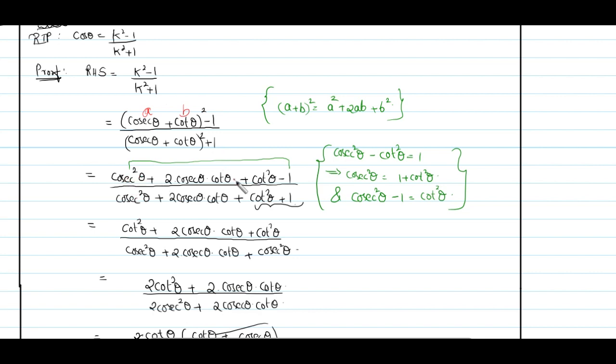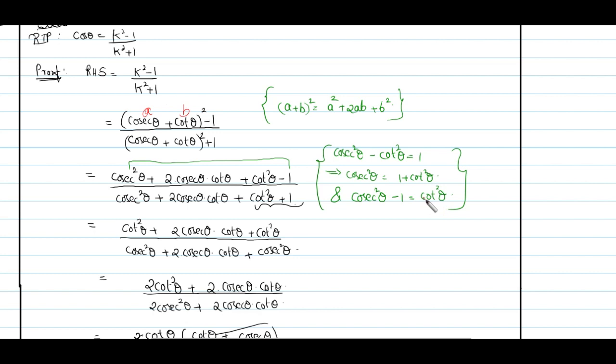So, from this we can calculate the value of it. If you bring this to the LHS, then cosecant square theta minus 1 is equal to, transposing cot square theta to the RHS, cot square theta.